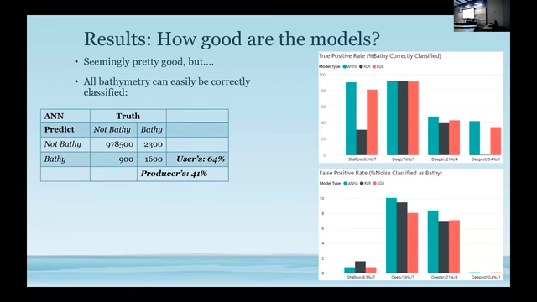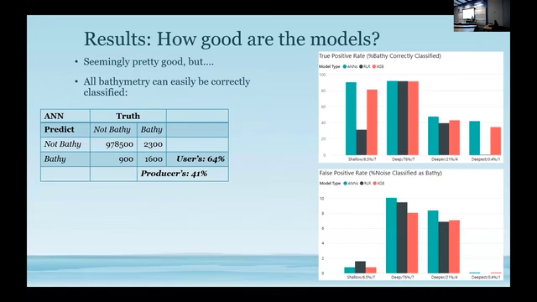Now, you'll see that it's meaningless, but this is what the confusion matrix for the difficult one looks like. When you look at that, you've got the concept of the user's and the producer's accuracy. In this tile, there are about 3,900 points that are truly bathymetry, and this neural network got about 1,600 of them labeled correctly.